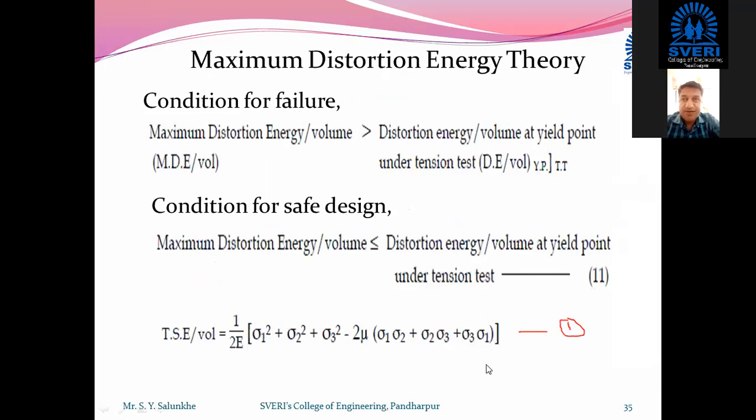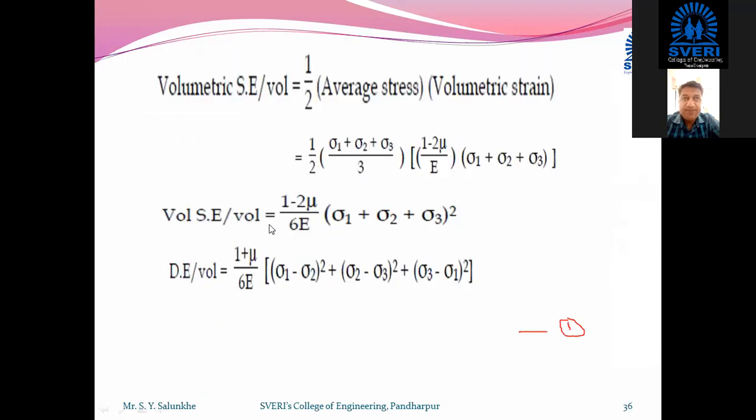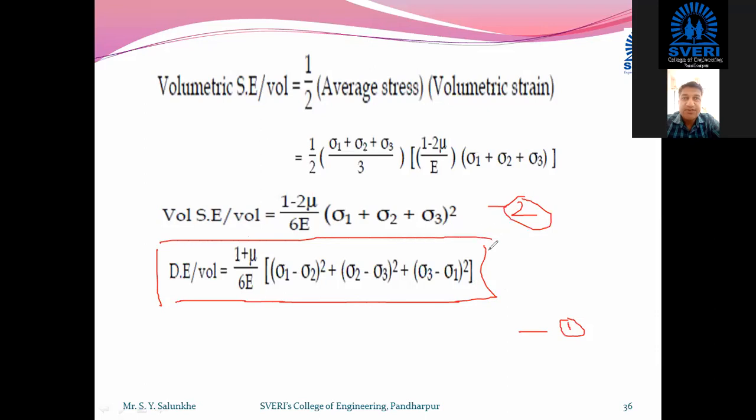If you subtract this energy from the total energy which we have calculated, subtracting equation 1 from 2, we will get the distortion energy by this theoretical concept, where again we can put sigma 3 as 0 for the 2-dimensional condition.